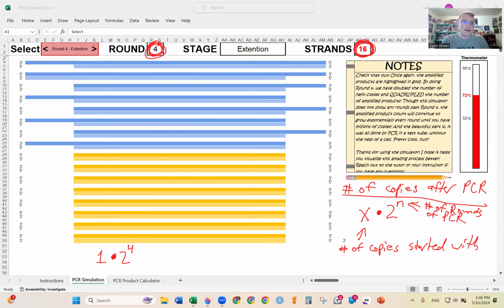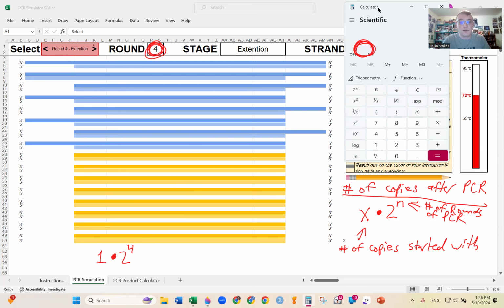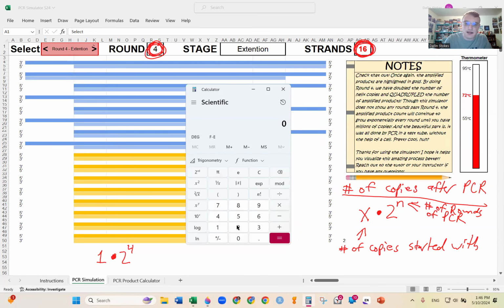Let's pull up a calculator and see what that is. You can tell I'm really tech savvy, right? Okay, here we go. 1 times, in parentheses, 2 to the power of 4 is 16. So that formula can tell you.